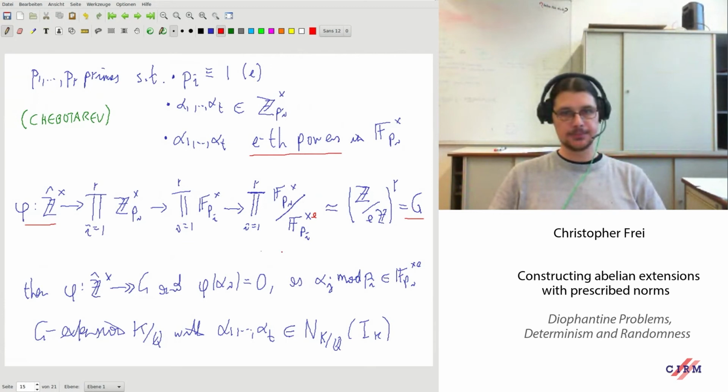And also, all the alpha i's are in the kernel of this map because I've chosen my primes in such a way that they are E-th powers in these F_Pi star. So from here on, they are 0.